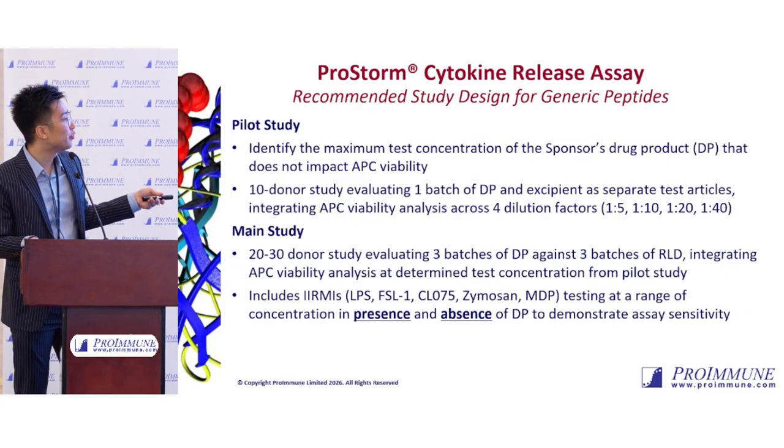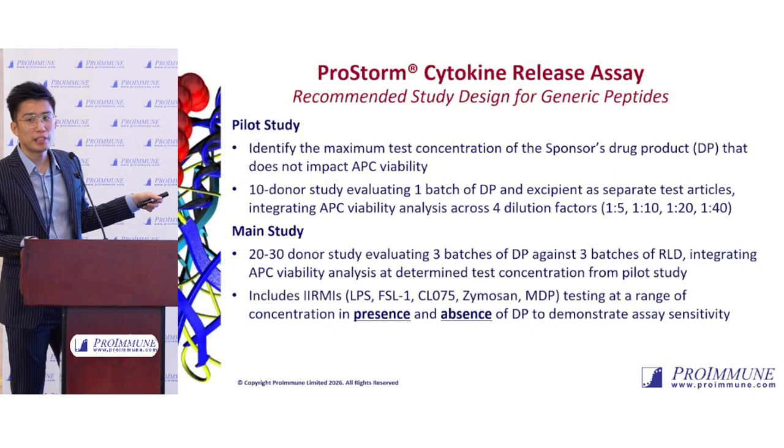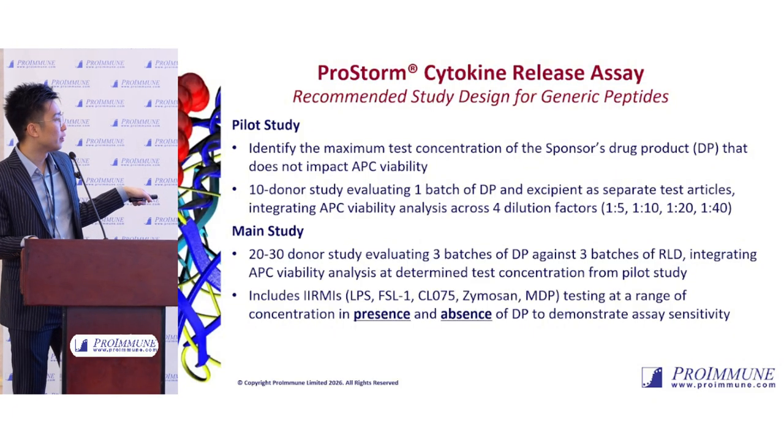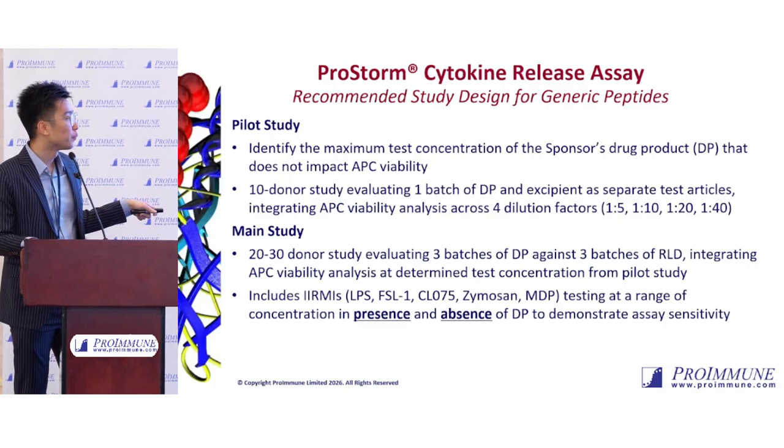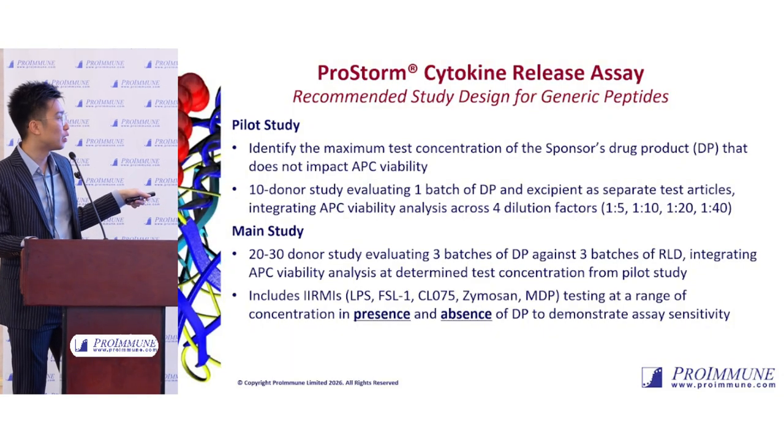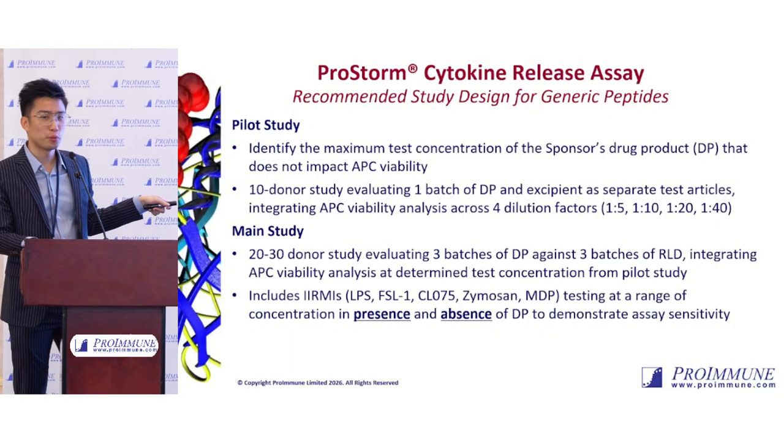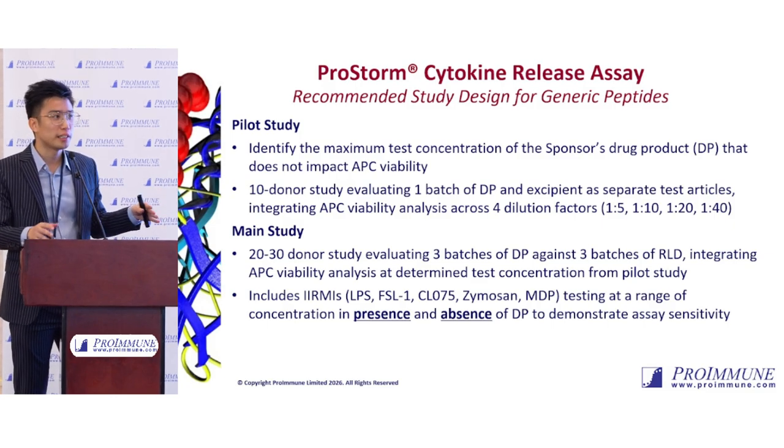In this case, we integrate the APC viability as well at the concentration determined from the pilot study. And here, to demonstrate assay sensitivity, we include 5 IIRMIs, which are LPS, FSL1, Clo75, Zymosan, and MDP, testing at a range of concentrations in the presence and absence of drug product. Now, the absence of DP makes sense, right? It's just to test whether the assay is able to capture these IIRMIs on its own.